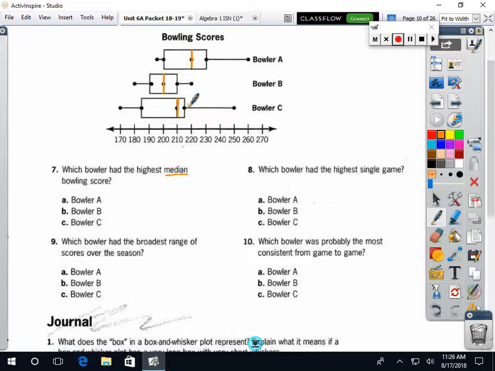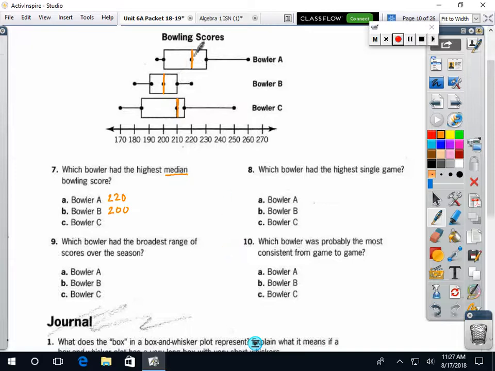Landon, what is the median value for bowler A? Correct. Okay, bowler A had a median value of 220. Sierra, what is the median value for bowler B? 200, right? And then Ethan, what is the median value for bowler C?